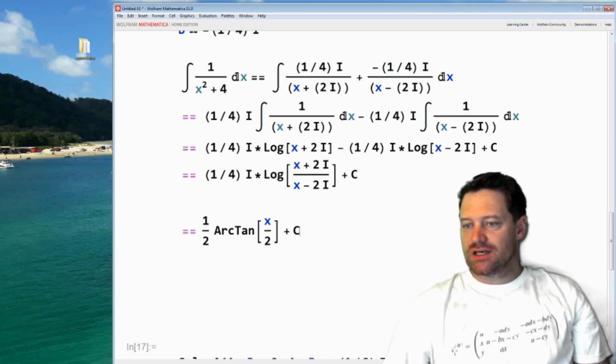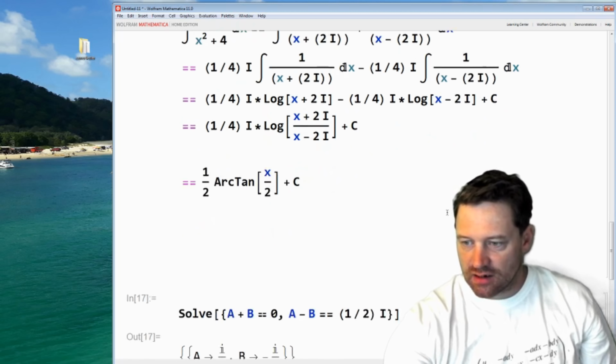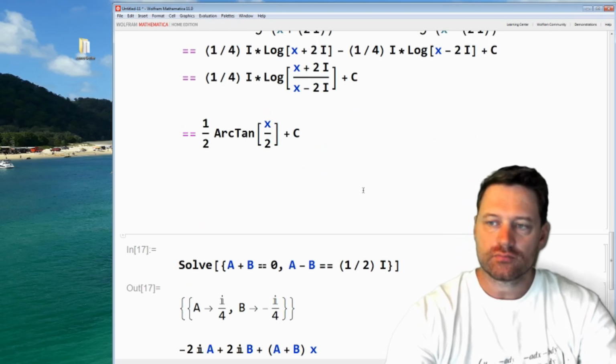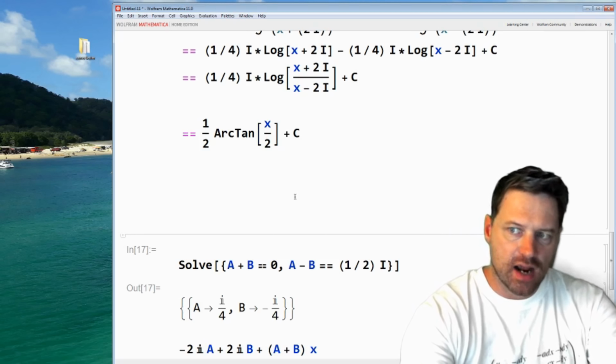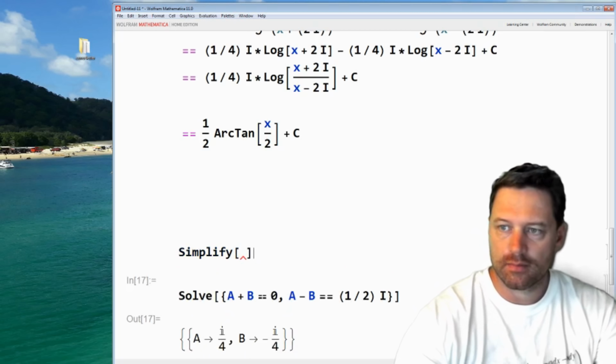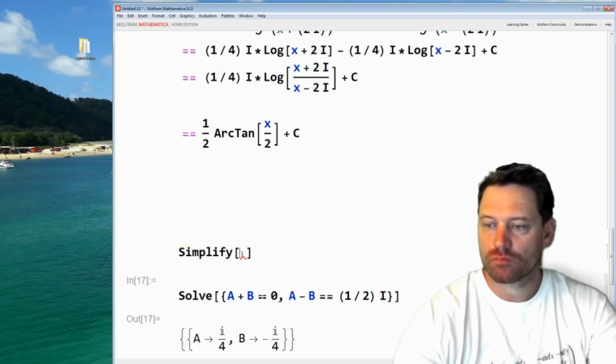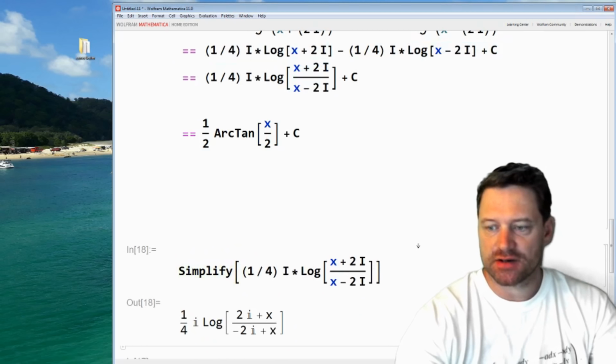Right, so the question now is, can we ask Mathematica, are these two the same? All right, and what will it say? I don't know if it will say that they are. Perhaps I can ask it to simplify. Shift enter.